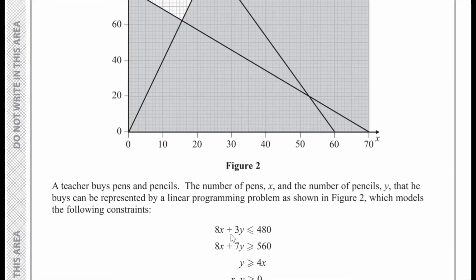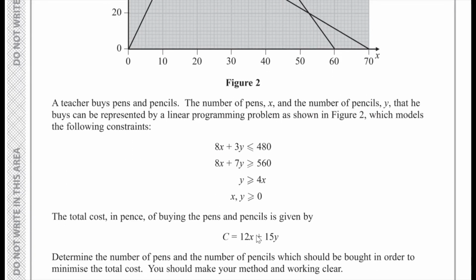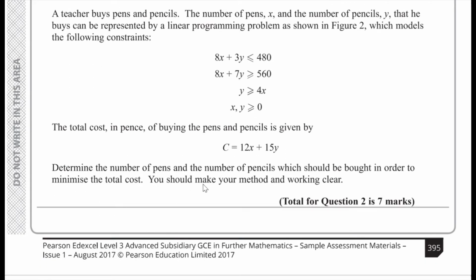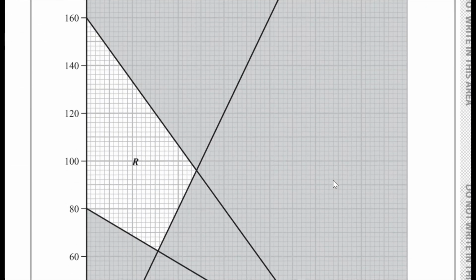We have 8x plus 3y being less than or equal to 480, 8x plus 7y being greater than or equal to 560, y being greater than 4x, and x and y being greater than 0. The total cost in pence of buying the pens and pencils is given by C equals 12x plus 15y. We have to determine the number of pens and the number of pencils which should be bought in order to minimize the total cost. You should make your method and working clear.